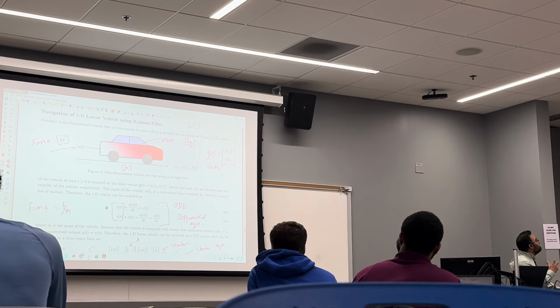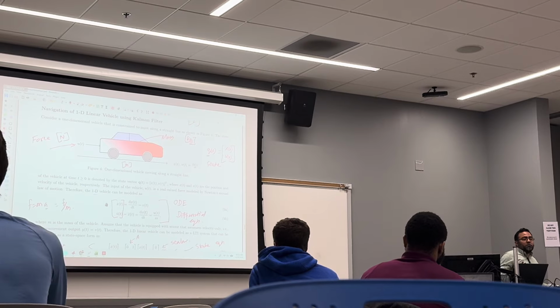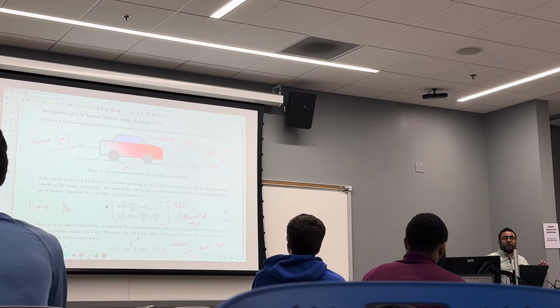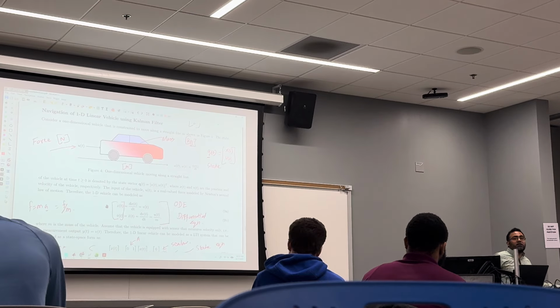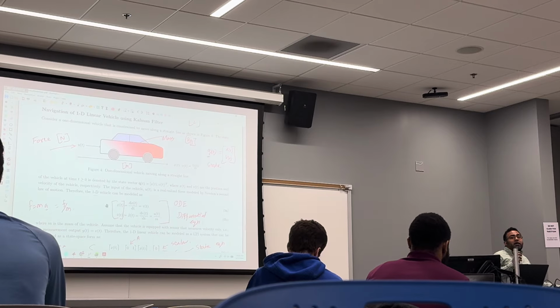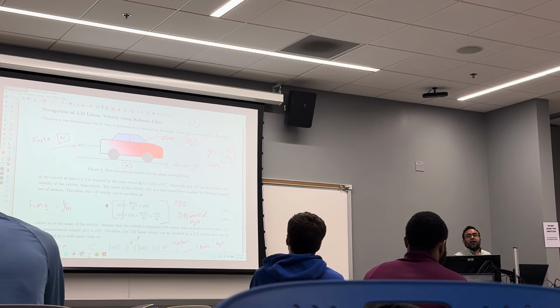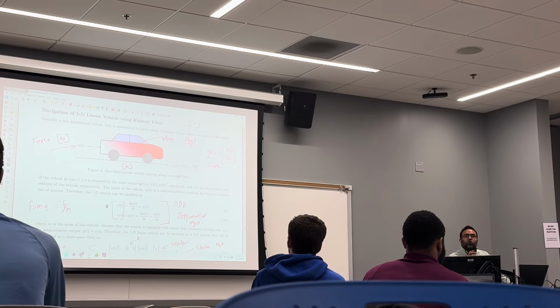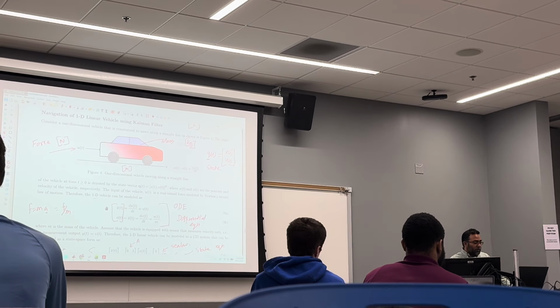You can measure its velocity, not its position. You absolutely have no idea where it is. The only data that you have access to is its velocity. So velocity is known, but not the position.